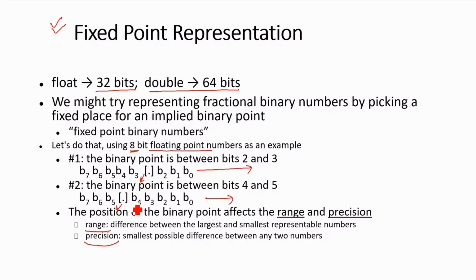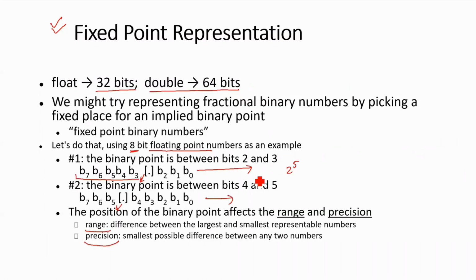Once we take the binary point between 2 and 3, it is having 5 bits for representing the range value. Once it is 5 bits, 2 to the power 5 will be the maximum value that can be represented on the positive side.